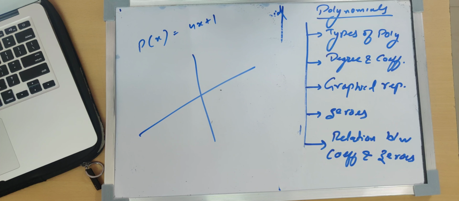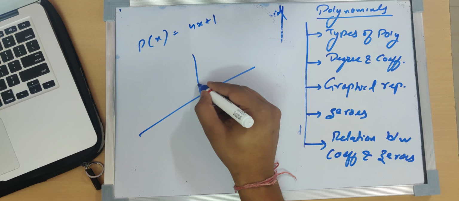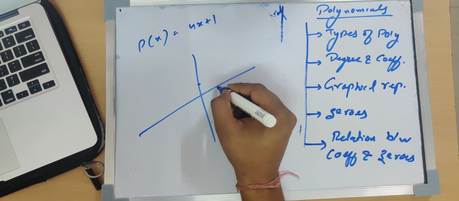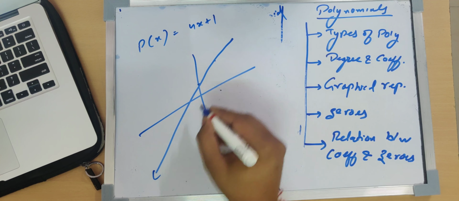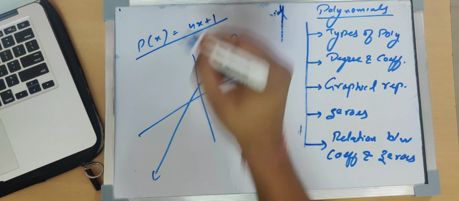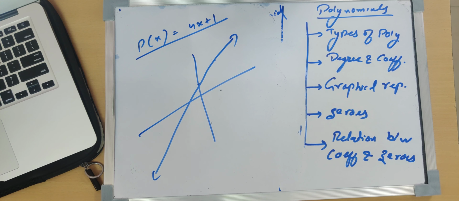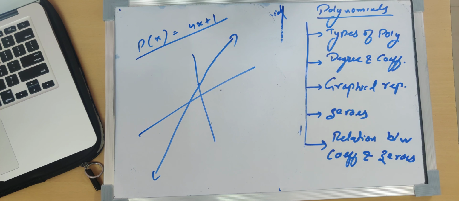If we put x = 0, we get y = 1, right? If we put x = 2, we get y = 6. So we will get this kind of a graph. I'm not making the actual graph, but I'm taking this as an example. So we are supposed to understand that if this is the graph of the given polynomial, we need to find out the number of zeros available in this, right?